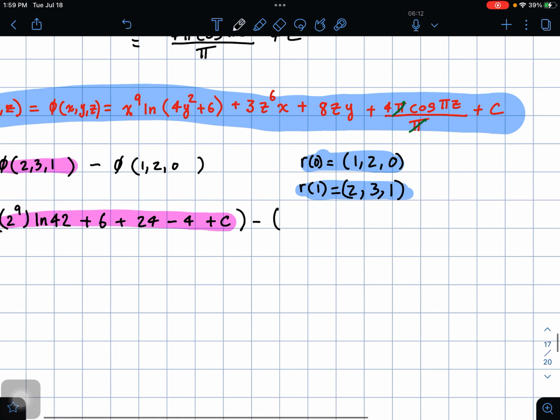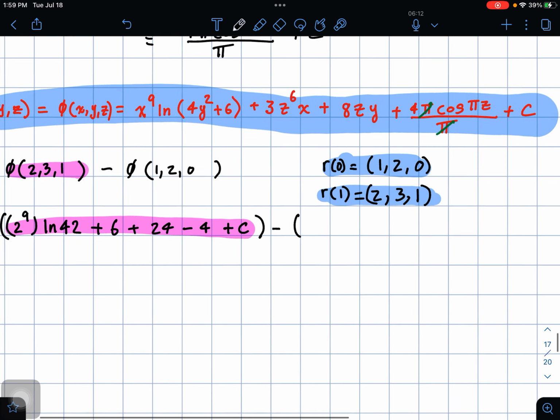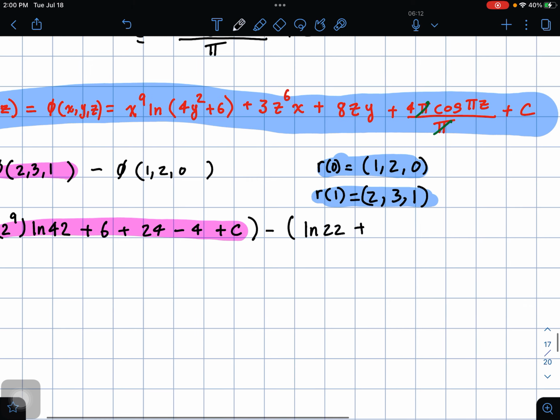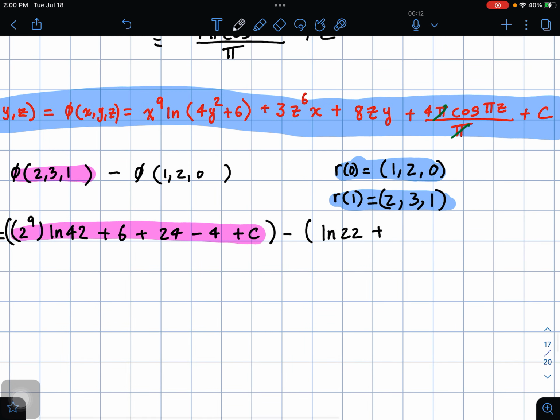We have x to the 9, x is 1, so just 1, ln of y squared, so that's 2 squared is 4, 4 times 4 is 16, 16 plus 6 is 22, so that's going to be ln 22, I think. Plus z is 0.